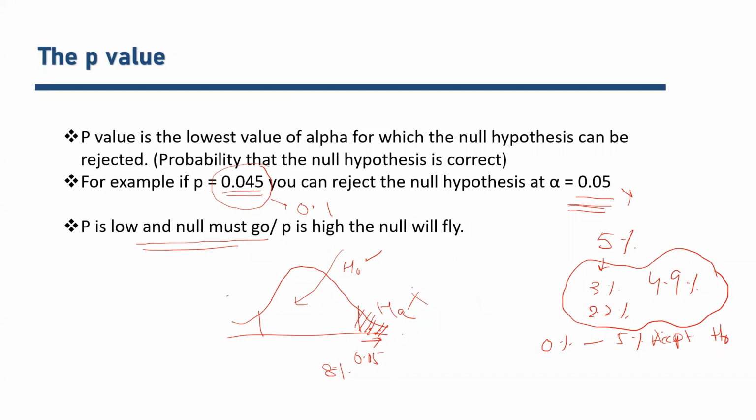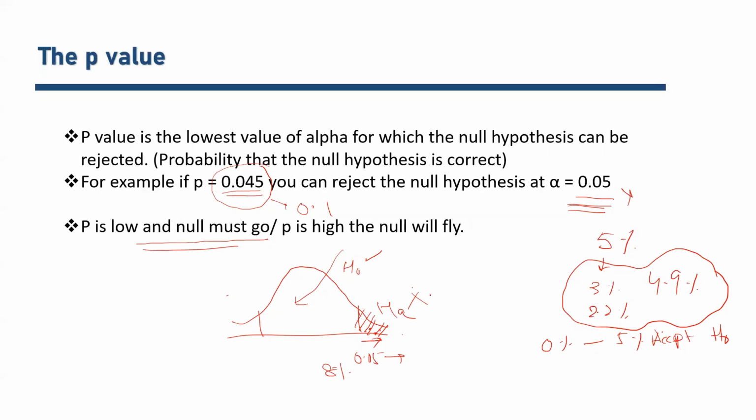Sorry, I got confused. Before this, when you explained that 0.045 is less than alpha 0.05, in that case the null must go, right? If the P is low, if it is less than 0.05, the null will go.